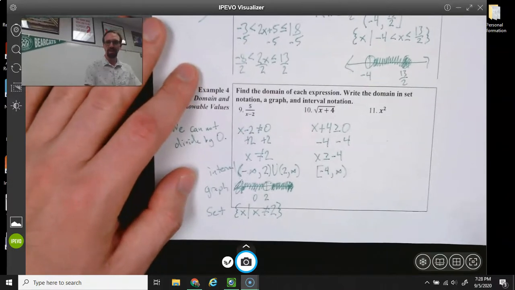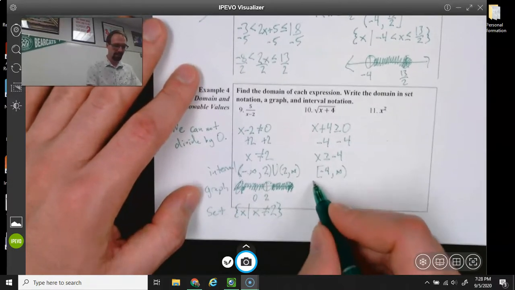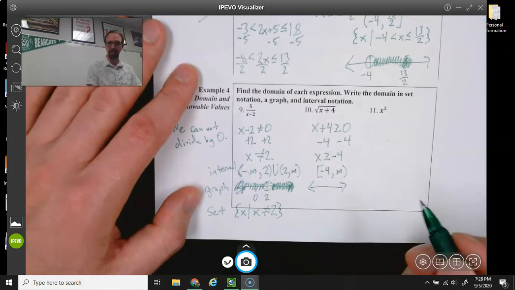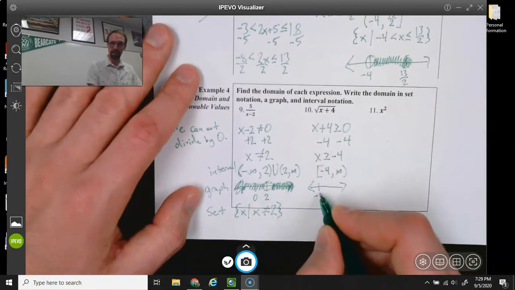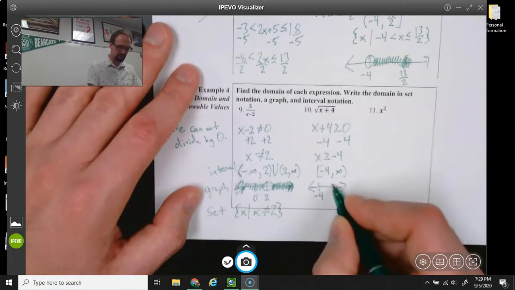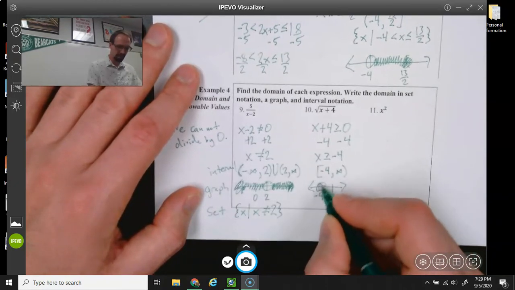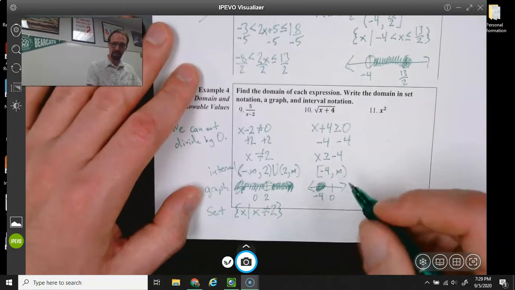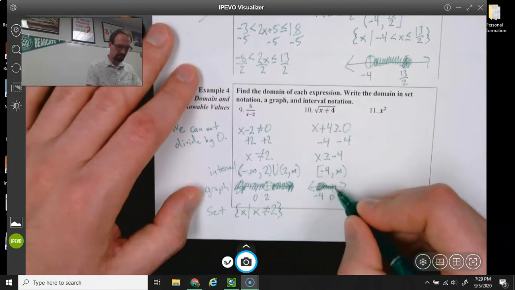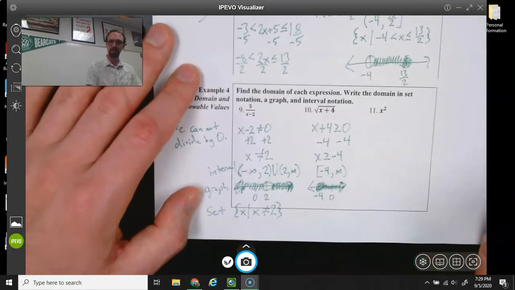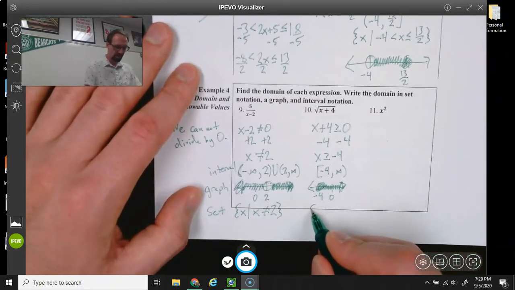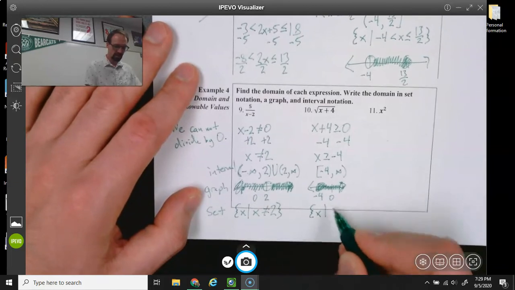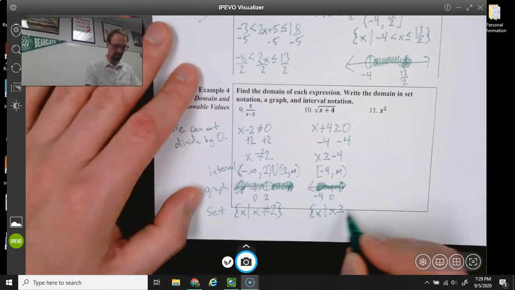For my graph, I'm going to have a number line, and here is negative 4. Here's 0, so I can include negative 4. I'm going to shade it in, and then fill it in to the right. And for set notation, I have the set of x's such that x is greater than or equal to negative 4.